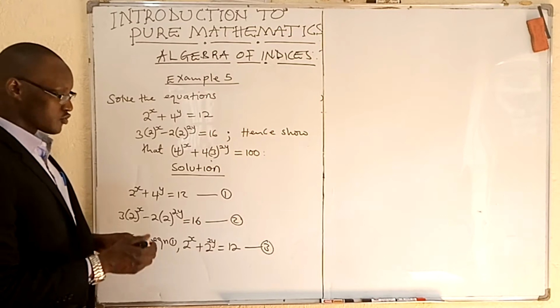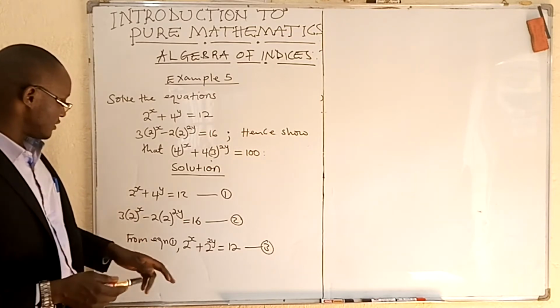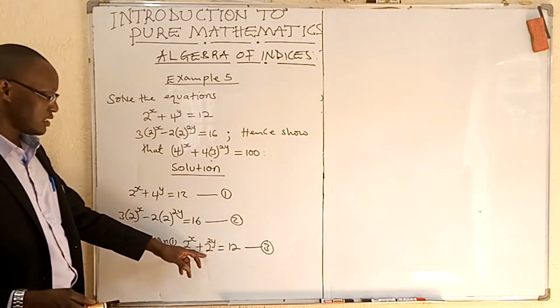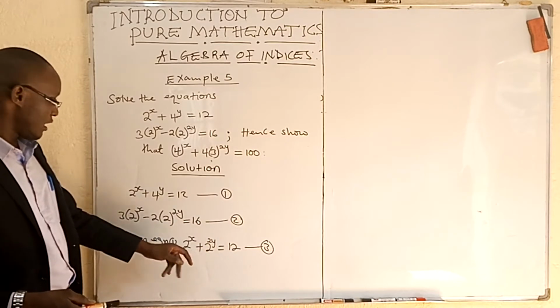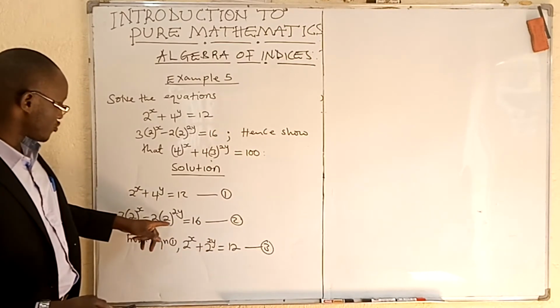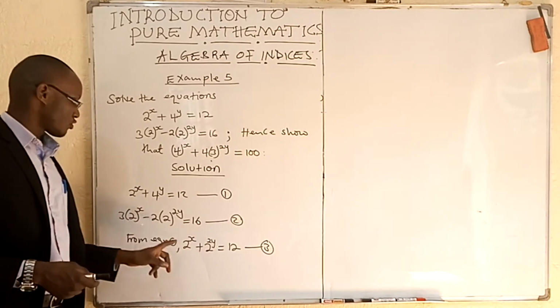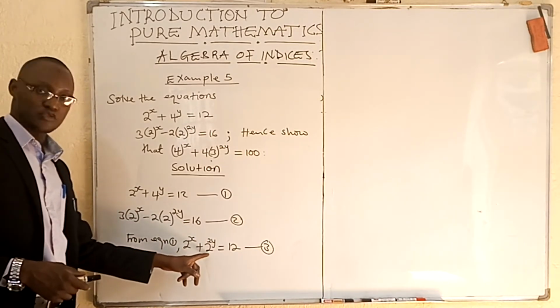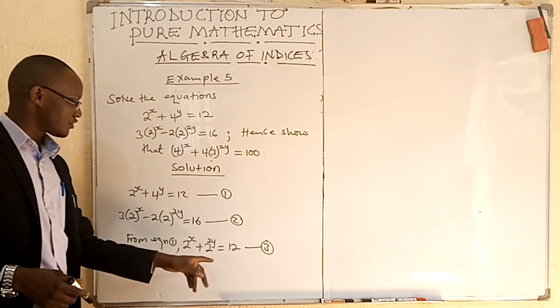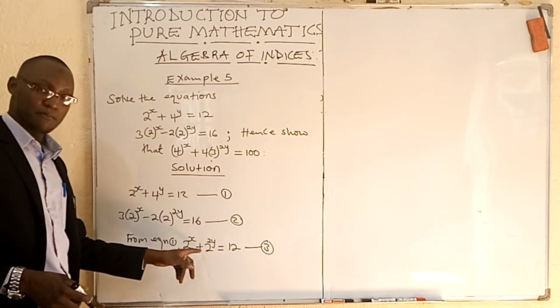If that is true, then we can see how to eliminate the component having 2^(2y). However, this component in equation 2 has a coefficient 2, so we must establish a coefficient 2 here. Which means equation 3 we can multiply by 2.